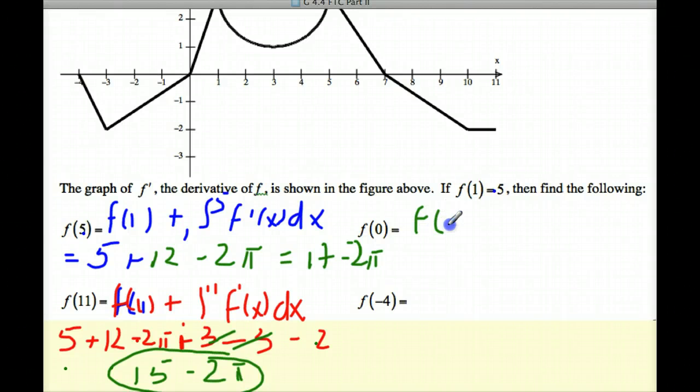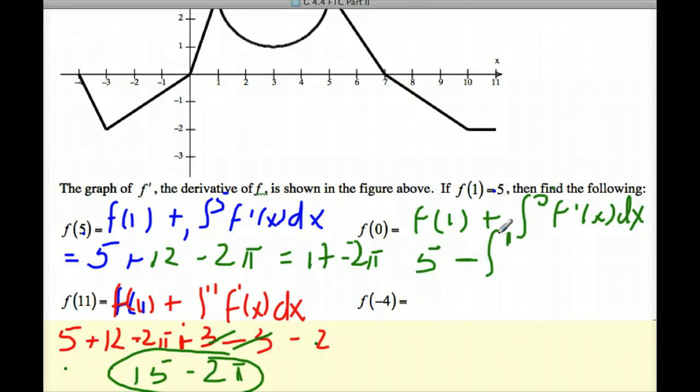It's f of 1 plus our initial condition of 1 to our endpoint of 0, f prime of x dx. So we have to use some of our properties, and we'll plug in that f of 1. But we notice I'm going from 1 to 0, but when we calculate, we usually go from lower to upper. So I'm going to go minus the integral of 0 to 1, f prime of x dx.